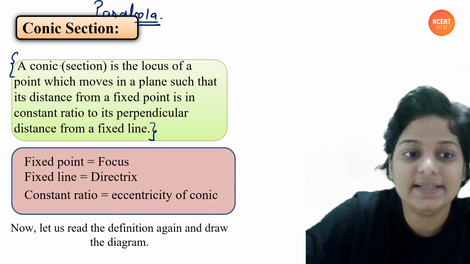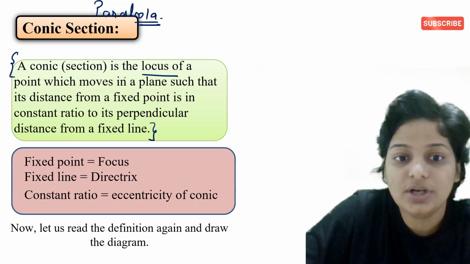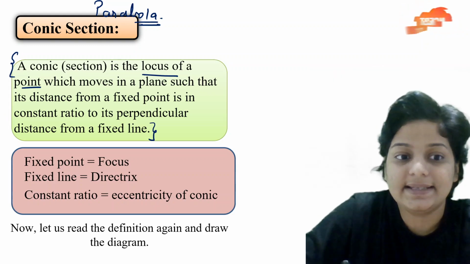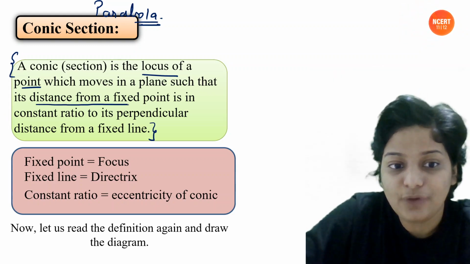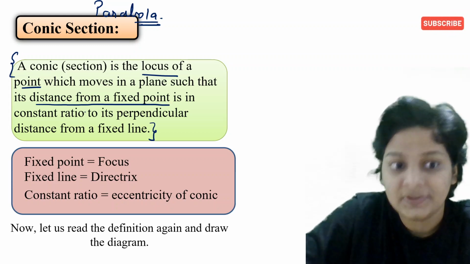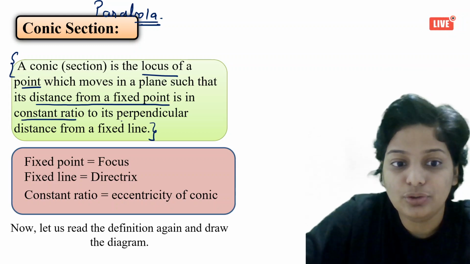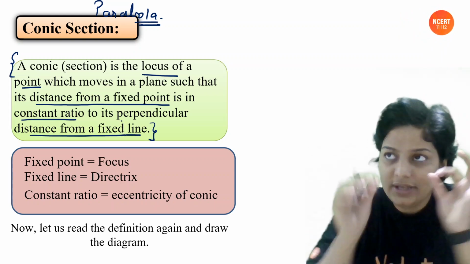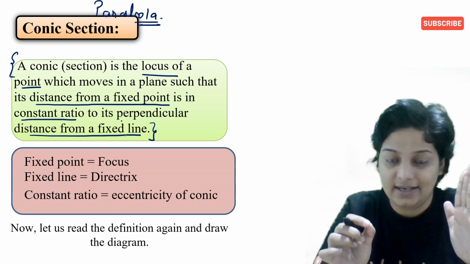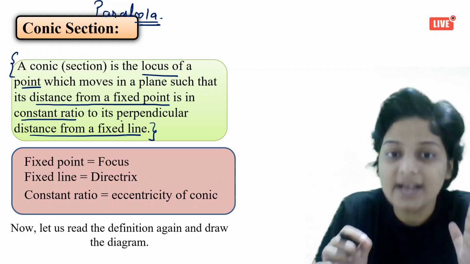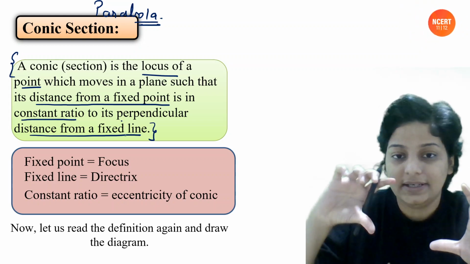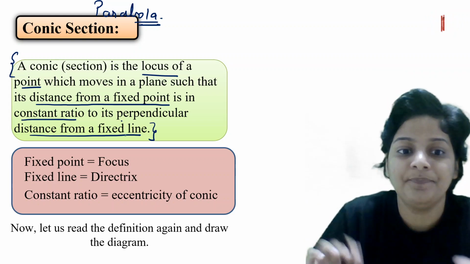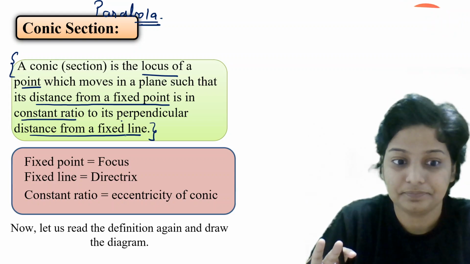So the definition says a conic section is the locus of a point which moves in a plane such that its distance from a fixed point is in a constant ratio to its perpendicular distance from a fixed line. Okay, so there is a fixed point, there is a fixed line. They are saying the ratio of distance from the fixed point to distance from the fixed line is going to be constant, right.